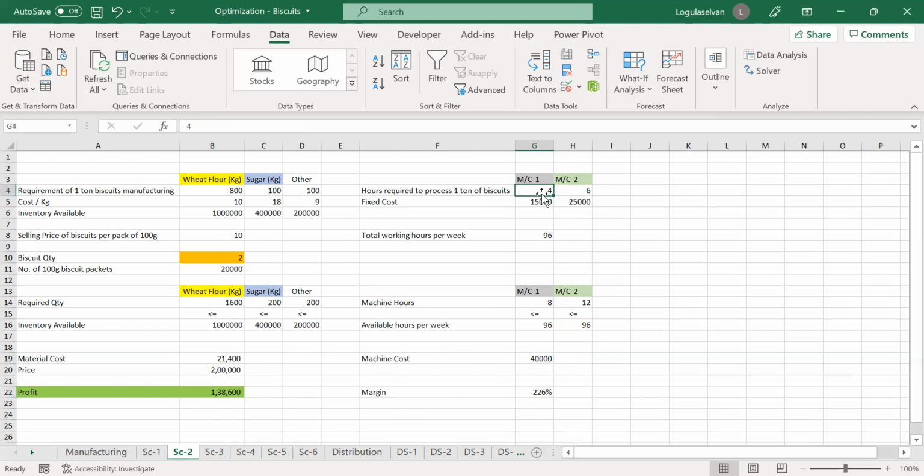So here that 40,000 machine cost will also get added to the cost. Now the formula will be price minus the material cost minus the machine cost. So my profit is getting affected due to machine cost. Further, it is getting affected due to the working hours per week. So now we will see how we can solve this.